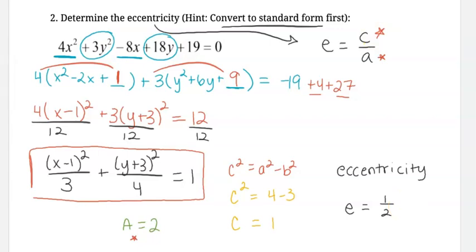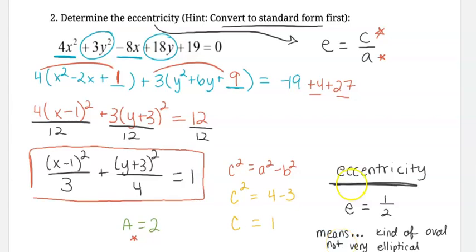Now, what does that mean? It means this is kind of oval in shape. It's not super, super ovally, not very elliptical, in terms of its stretch, right?